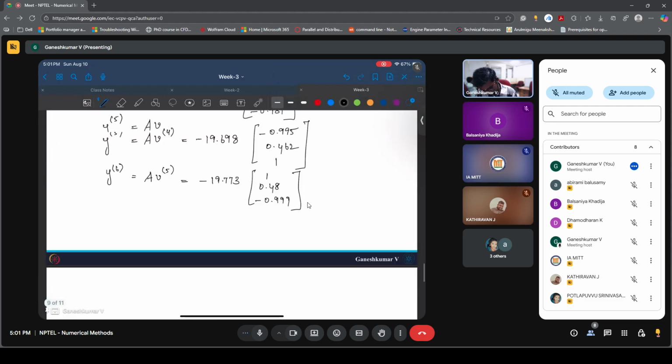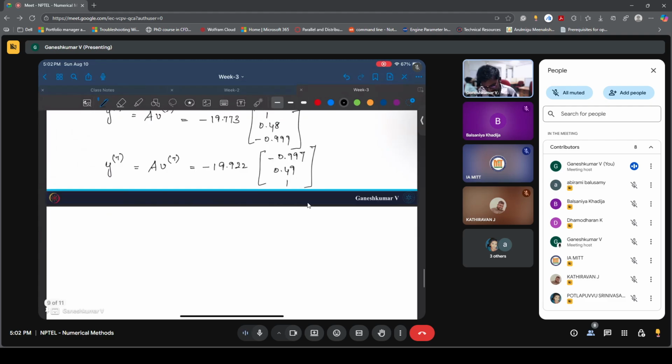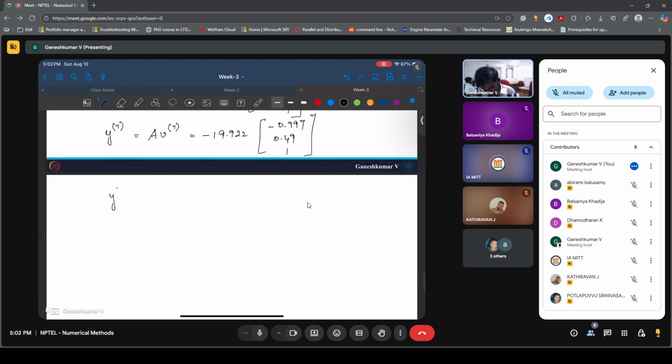Okay, then y of 7 is A times v6, minus 19.956, 0.922, minus 0.997. Please check this calculation. I did it by myself, but there's a possibility that there might be some mistakes. I don't know.